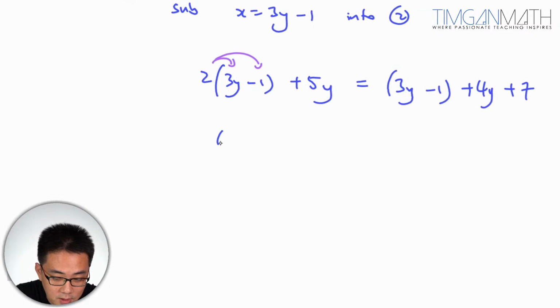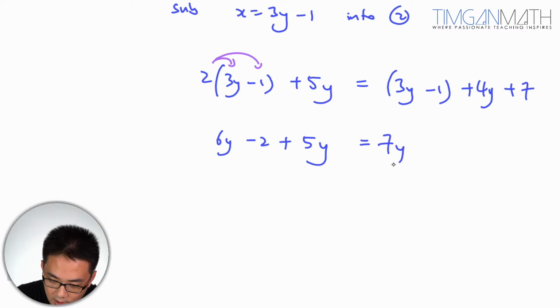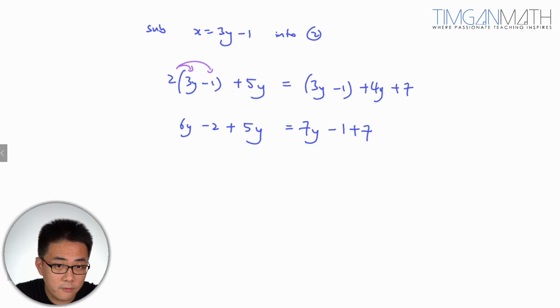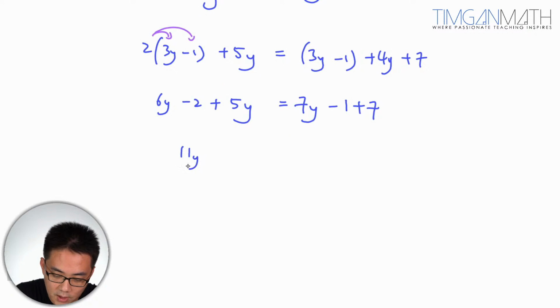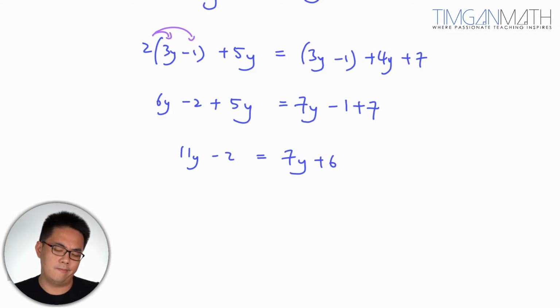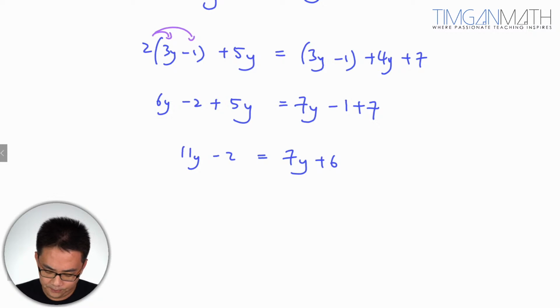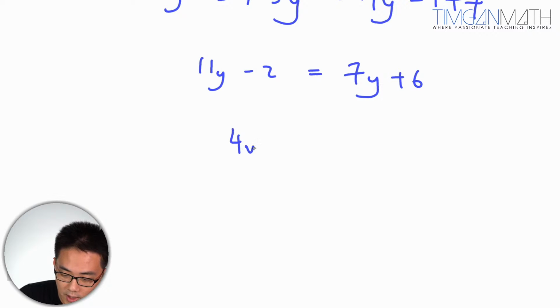So 2 times 3 is 6y minus 2 plus 5y equals 3y plus 4y, which is 7y, minus 1 plus 7. Okay, so 6 plus 5 is 11. 11y minus 2 equals 7y plus 6. 11 minus 7 would be 4. 4y equals 8. So y equals 2.